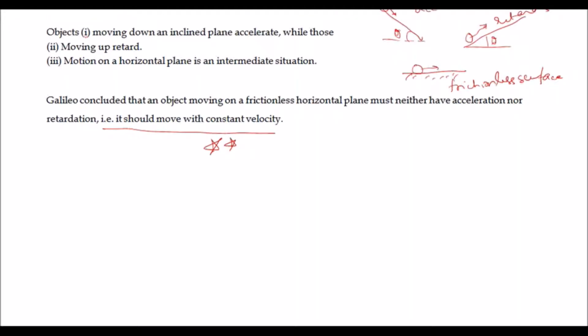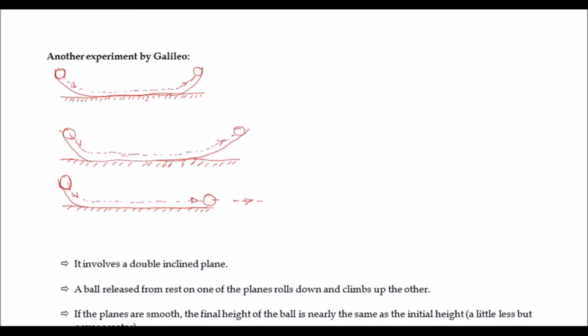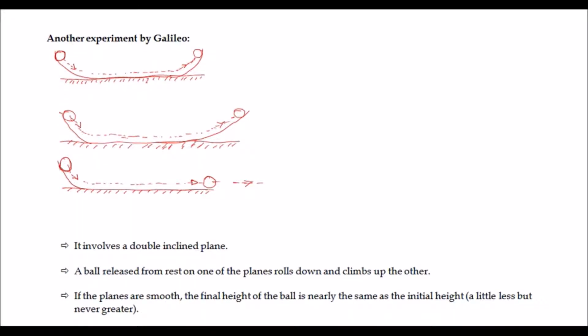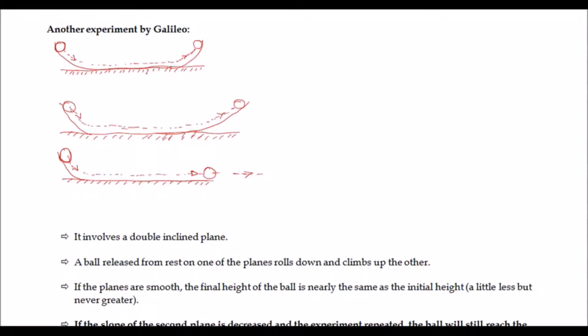And to understand this, Galileo did some experiments, and these are the experiments done by Galileo. First, Galileo took a doubly inclined plane. So it's a doubly inclined plane having one side inclination downward while the other side is inclination upward.